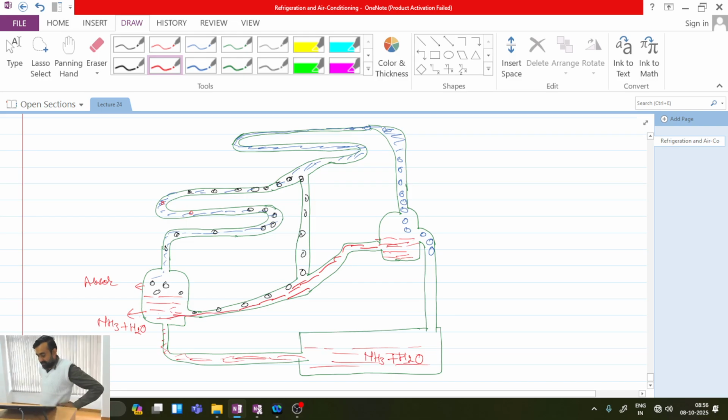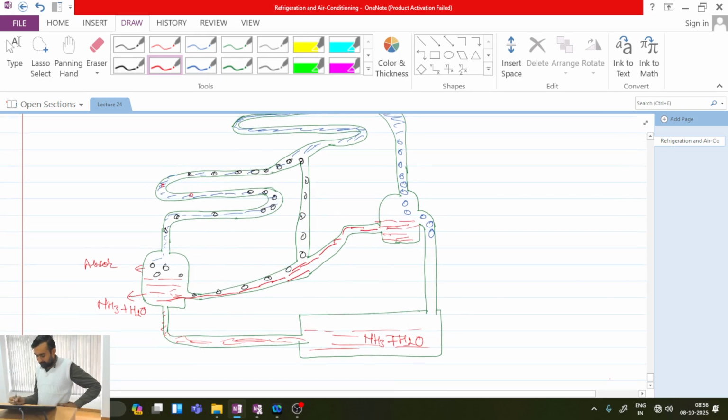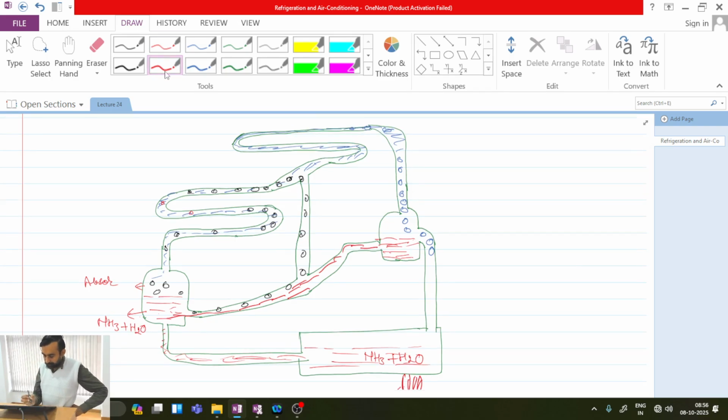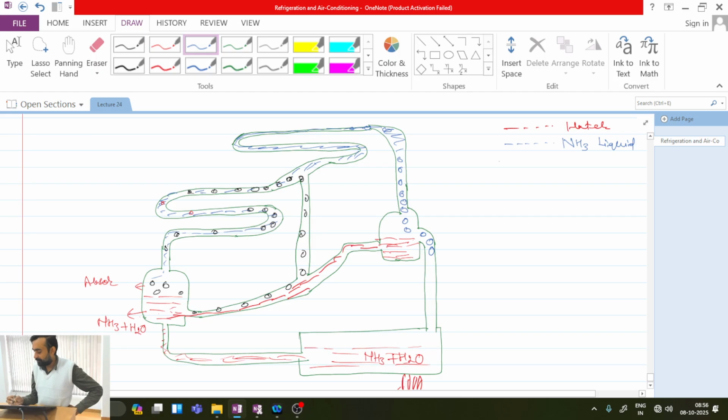Now you tell me, is this circuit clear to you or not? Here I have to use some flame for heating this. If I show with red colored dashes, I have represented water, and with blue colored dashes I have represented ammonia in liquid state.